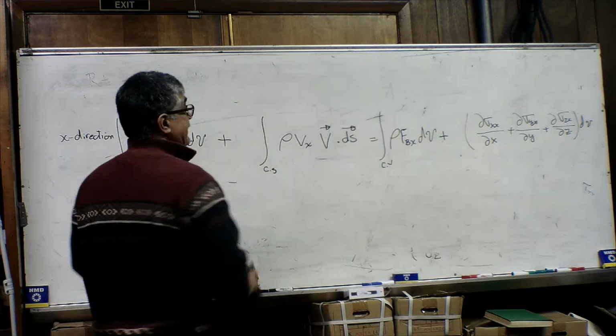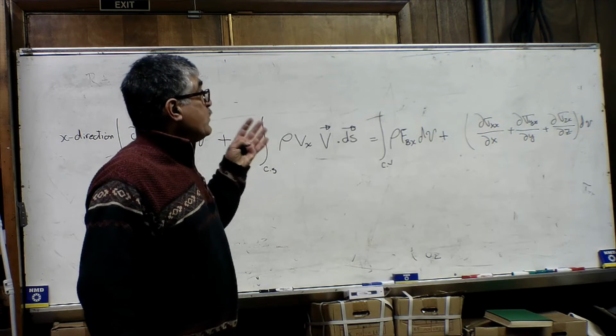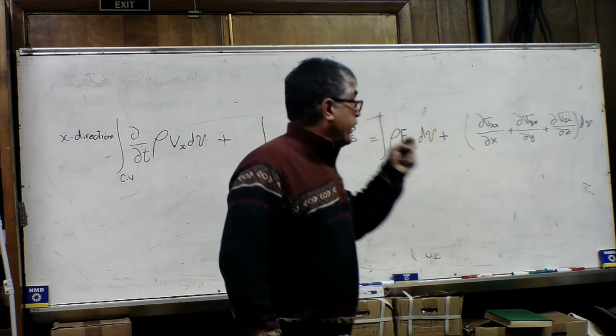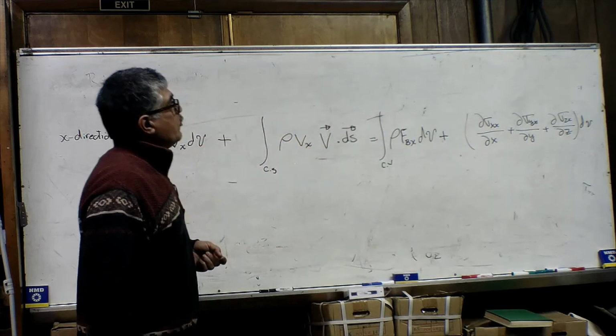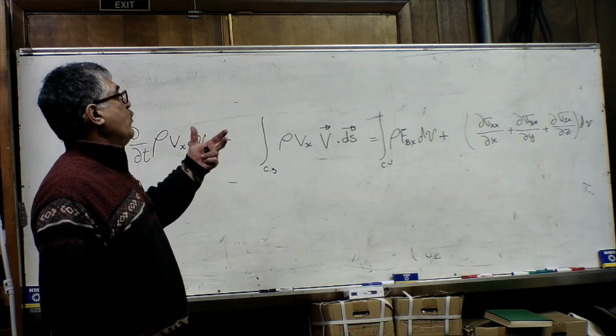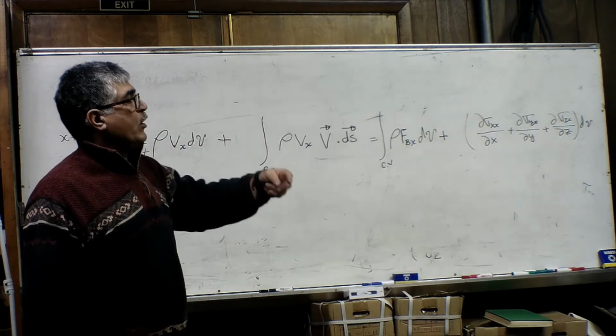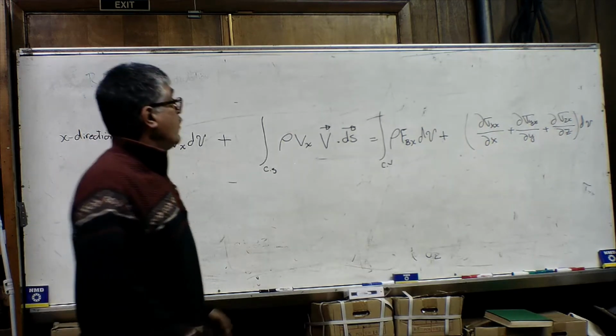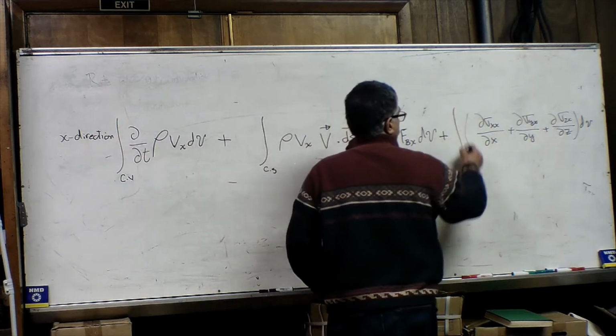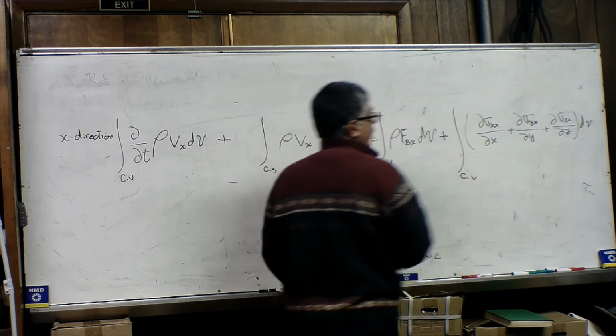So this is the total surface forces in x direction within that differential volume. So the total surface force in x direction for the entire volume of our system, we can get by integration over the entire volume of our system.